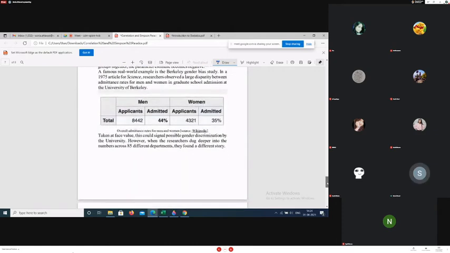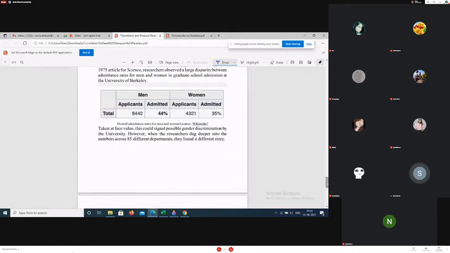So I'll give you an example. I personally feel कि तुमको अगर समझ में आ गया है कि Simpson paradox क्या है तो तुम्हें बहुत clarity से समझ में आ जाएगा. There was an article from University of Berkeley. Basically, University of Berkeley में admission process को लेकर some researchers actually did a study. What they found out is that they collected a data set between men and women, and saw how many applicants came and how many were admitted.